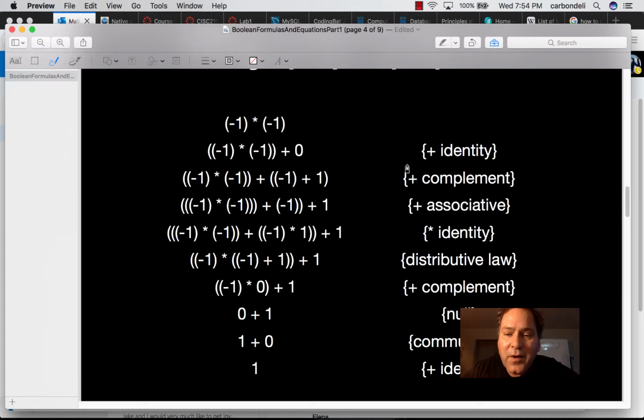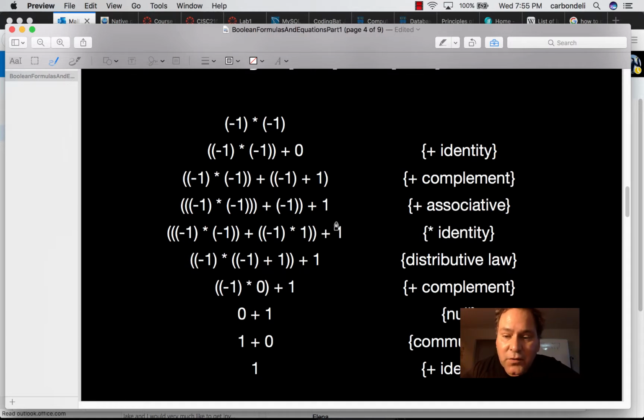And so we end up adding 0 to negative 1 times negative 1, and then we end up applying the sum complement, which, if you'll notice, we're converting this 0 into negative 1 plus 1, which is the rule specified by the sum complement axiom.